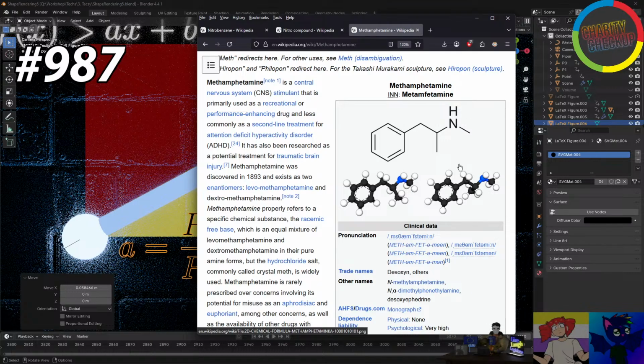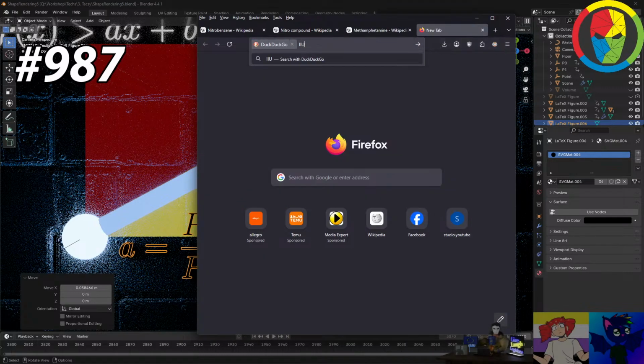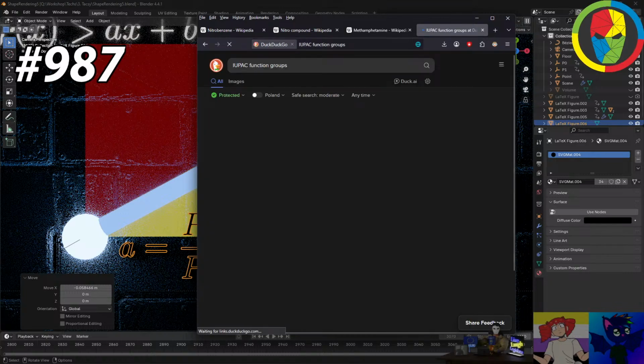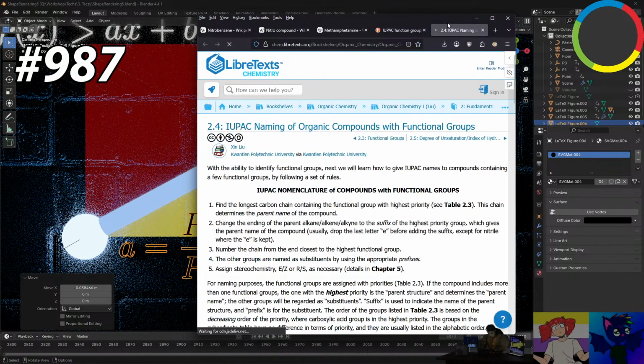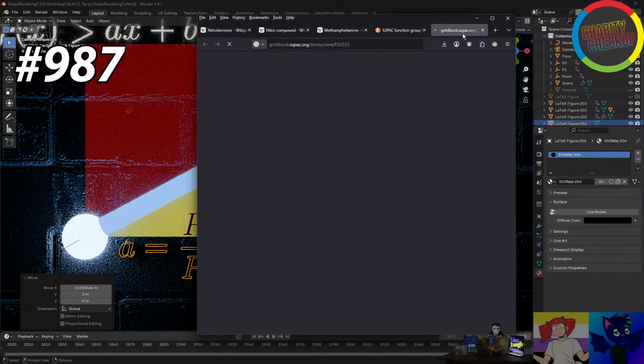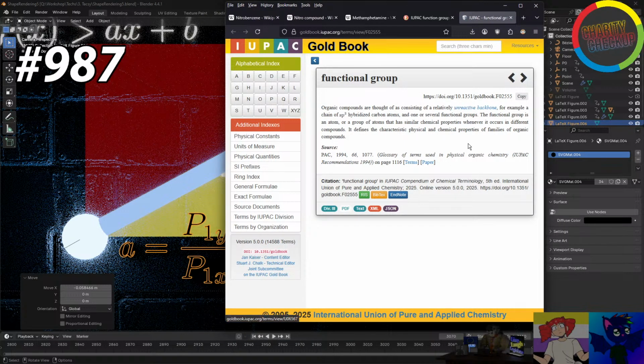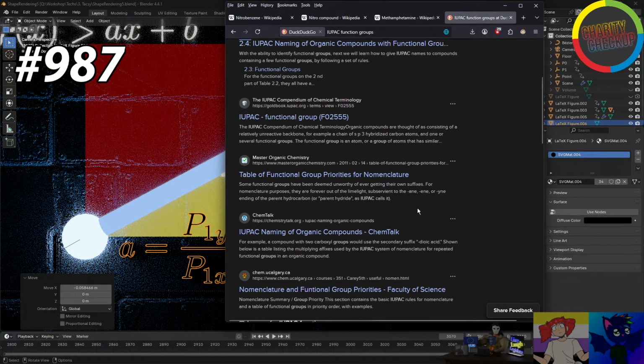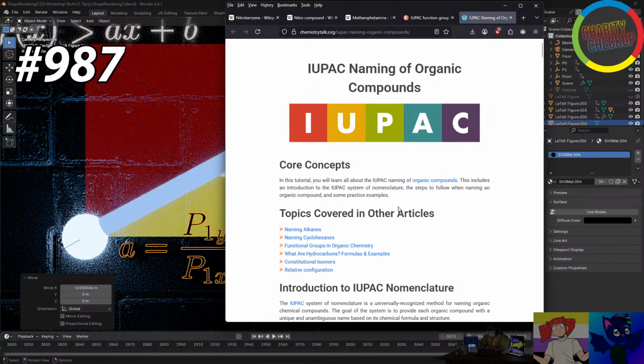Because I'm pretty certain nitrogen on its own is also a functional group. We would need to check the IUPAC functional groups, because fortunately that one is free. Is this the one? Gold book. Wait, no, it wasn't the gold book. Which one is organic? Blue book or red book?